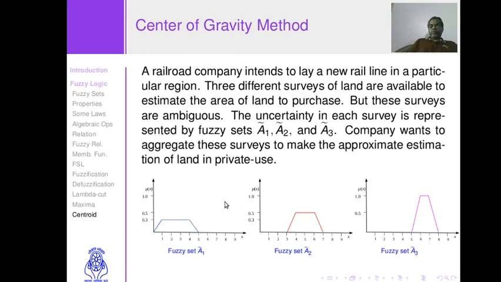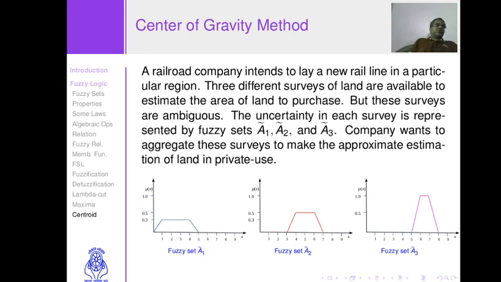So I take this example. Suppose there is a railroad company that wants to lay a new rail line in a particular region.